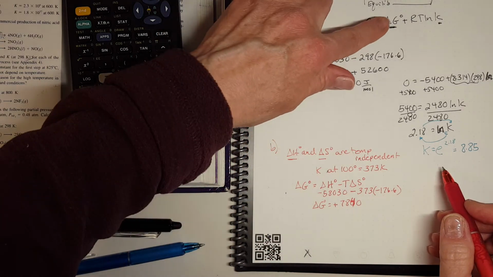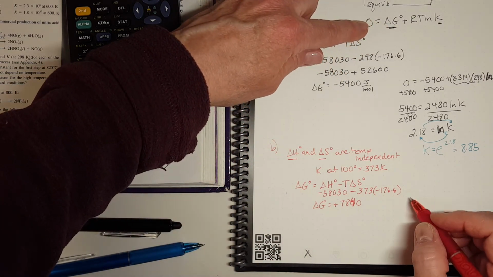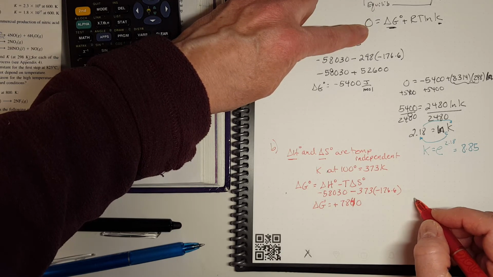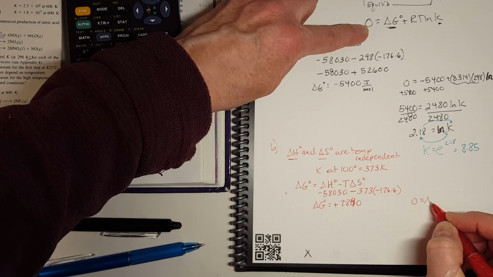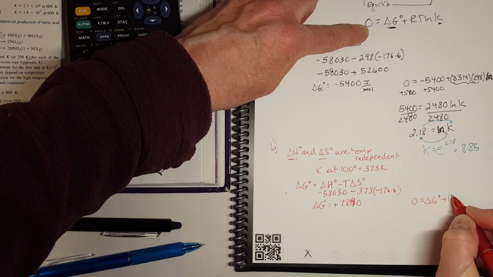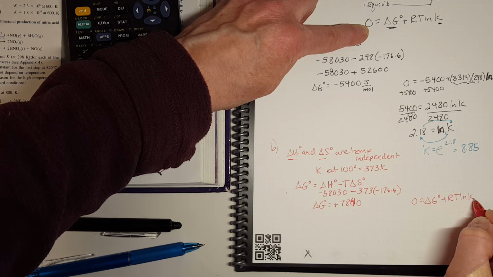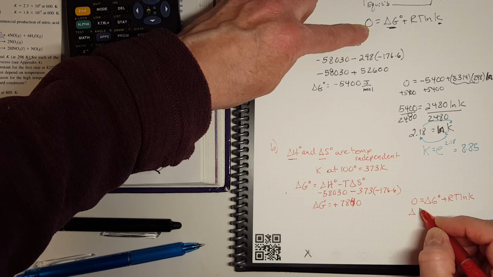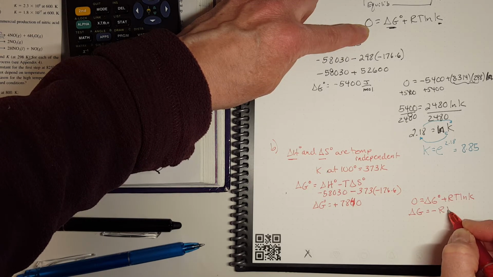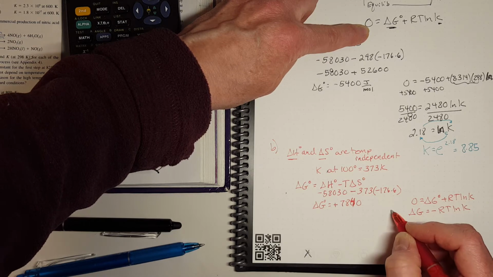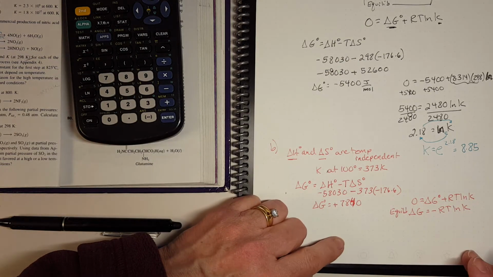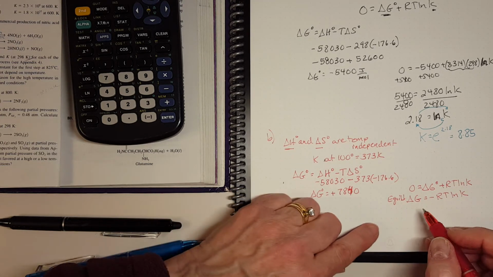And so then we're going to go back to our equation that was here and say, all right, well, at equilibrium, the delta G is 0. So we say 0 is equal to delta G at standard state plus RT ln K. And a lot of times you see this written as delta G is equal to negative RT ln K. This is at equilibrium, right? Because if I just subtract the RT ln K to the other side, that's what it equals.